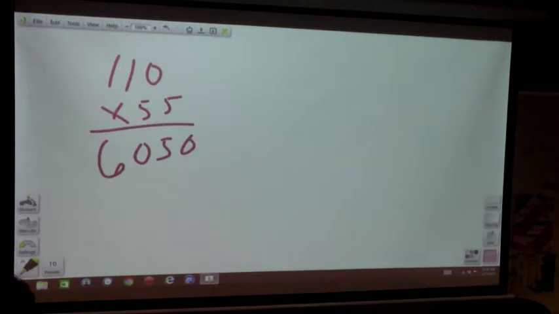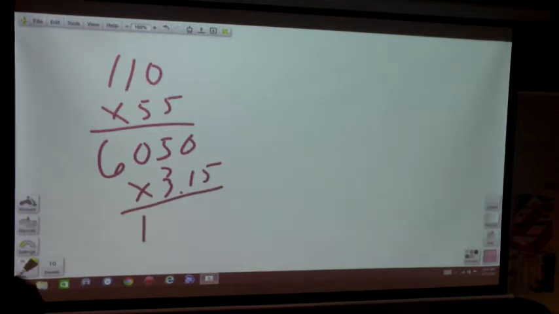And then we have 6,050 times the $3.15 per square foot. 3.15 times that, what's that come to? 19,057.50. Now they talk about something called a front foot. The front foot is always the first figure they give you.